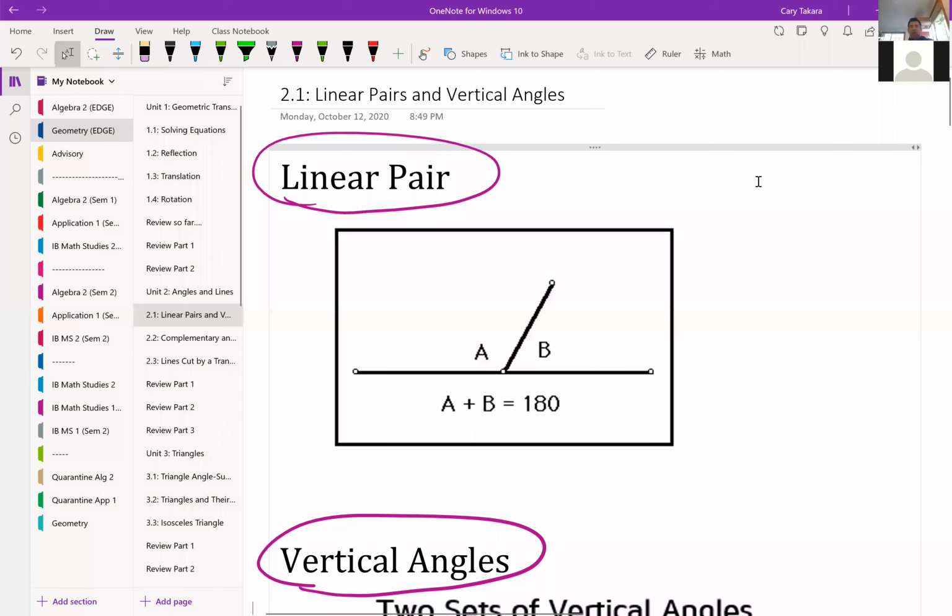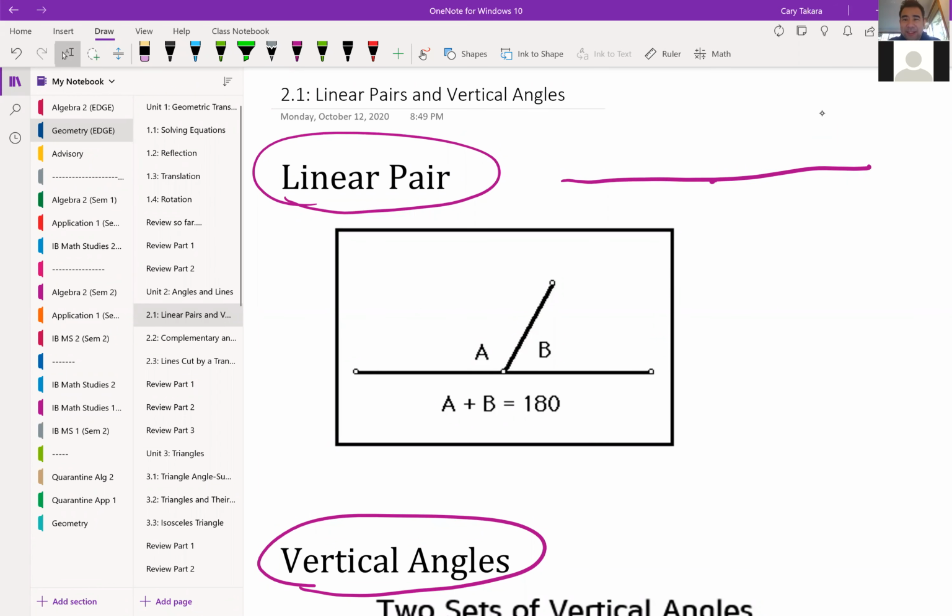Okay, so first we are going to talk about what's called linear pair. Now, what is a linear pair? Well, linear pair is coming from a very simple concept about a straight line. Now, a straight line actually is an angle, and the angle of a straight line is 180 degrees, isn't it?